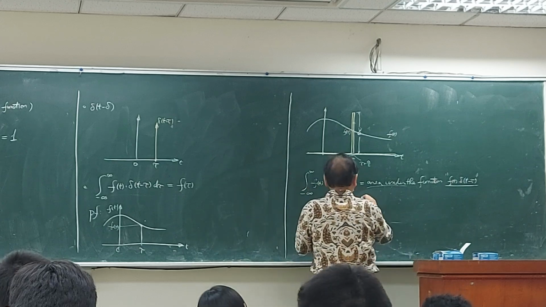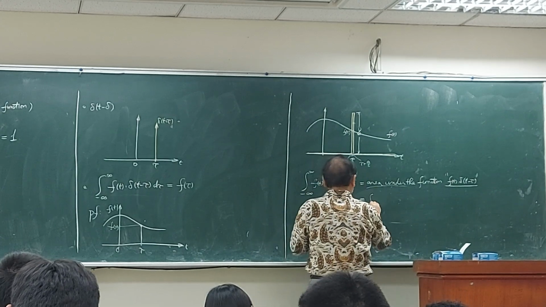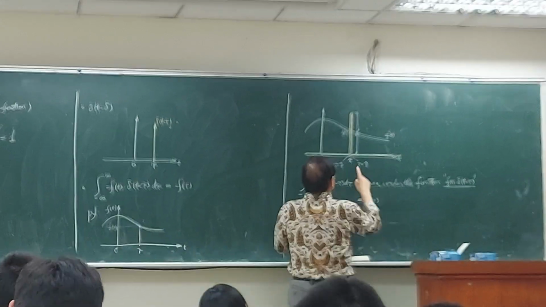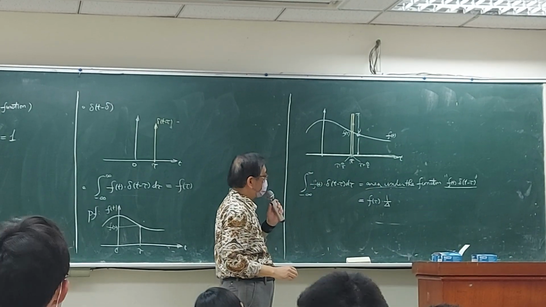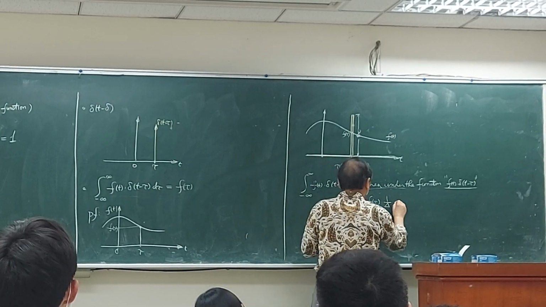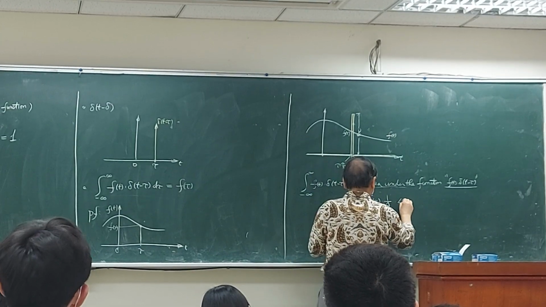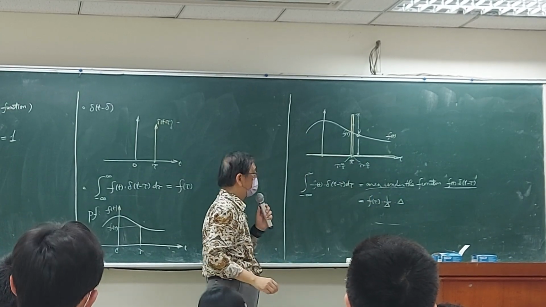So this is equal to f of tau times 1 over delta times delta, which is 1.